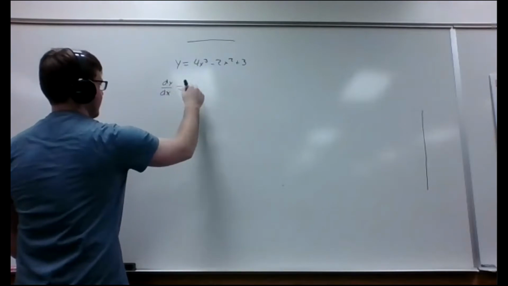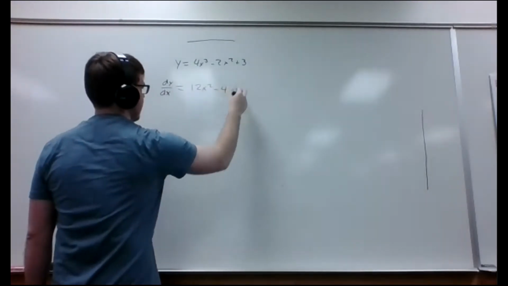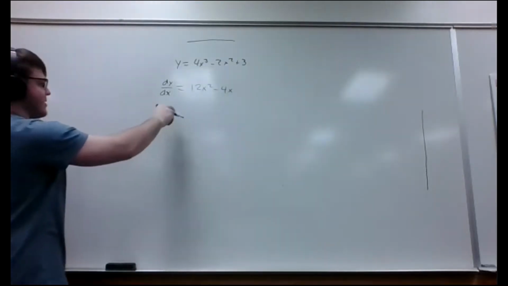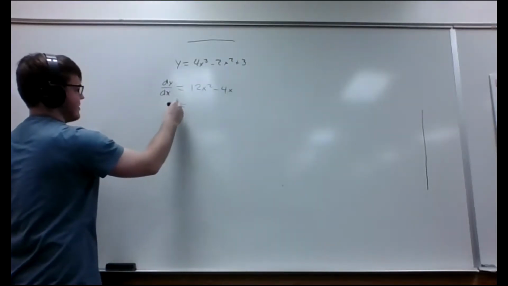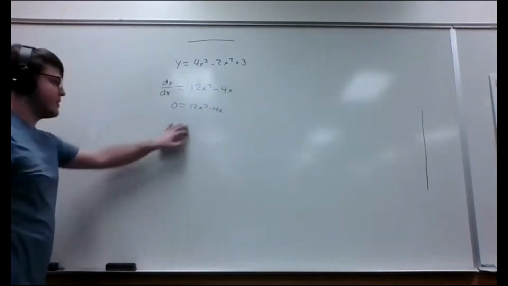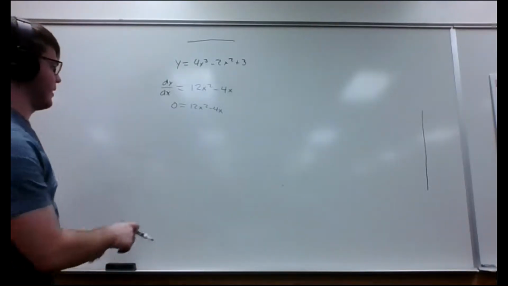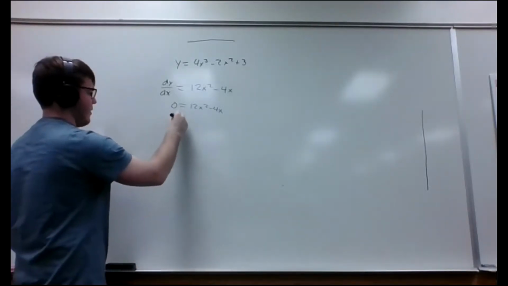So if we take the derivative, all right, this is our first derivative. And when we set this equal to 0, these are critical points. If we solve it, we can pull an x out.